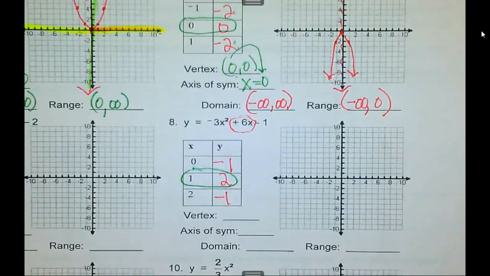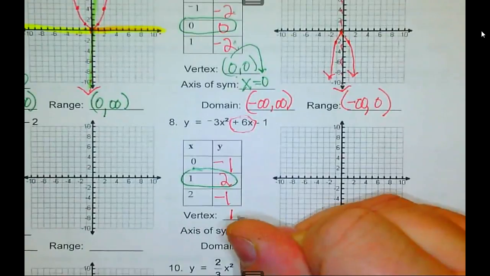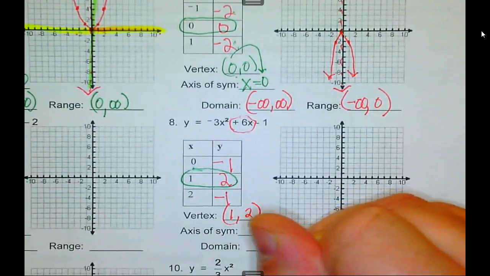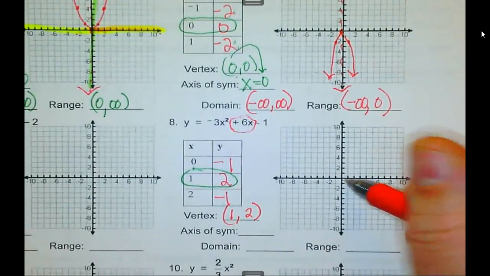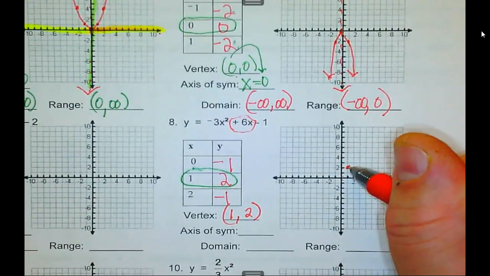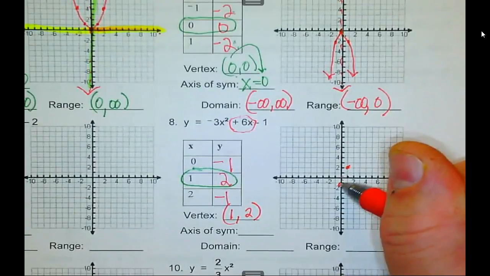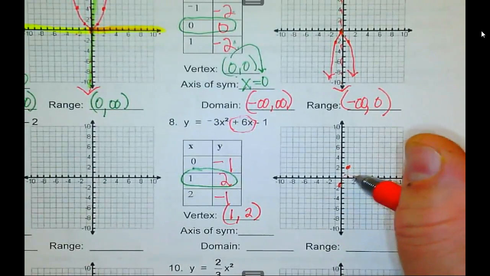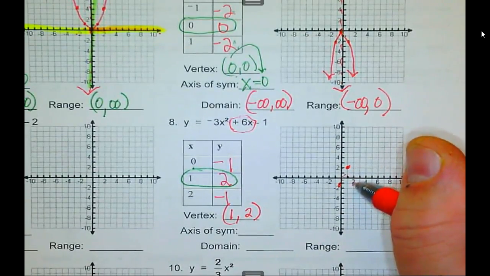So that's our vertex. So let's graph this. 1, 2, 0, negative 1, and then 2, negative 1.